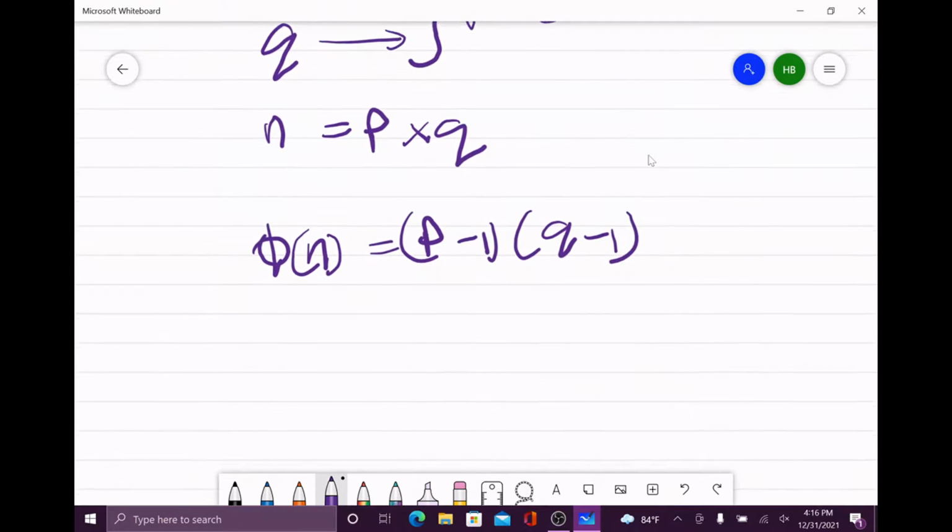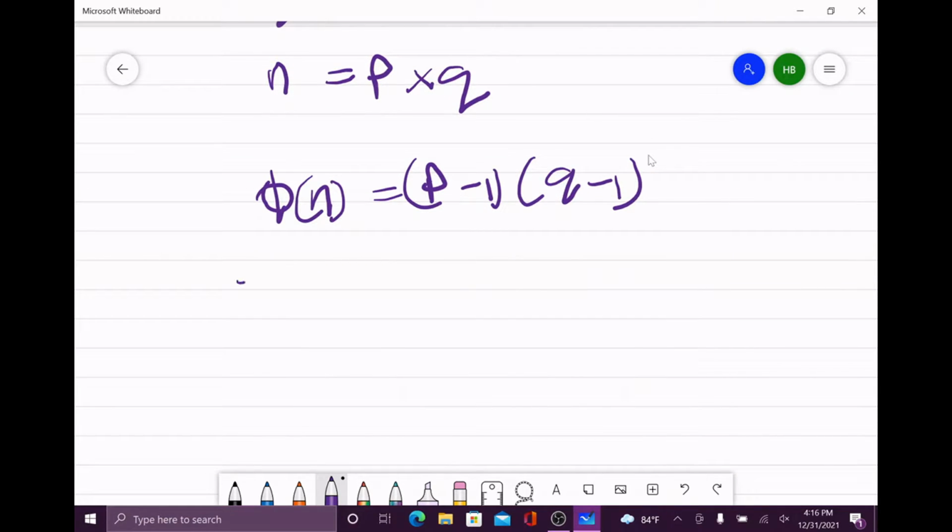Now we have to choose a value called E, which is in the range 1 to phi(n), and also it is co-prime to phi(n) and 1.